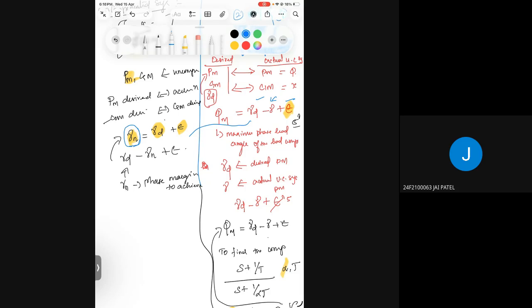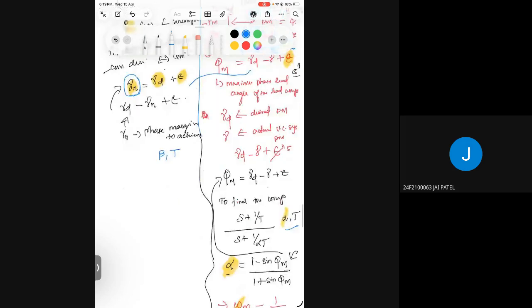Okay, what else? The next step is to find the phase at the new gain crossover frequency. This is a different step than your lead compensator. So we will be doing a little more intermediate steps to achieve the beta and T as we achieved alpha and T here. So we are going to find that beta and T here.